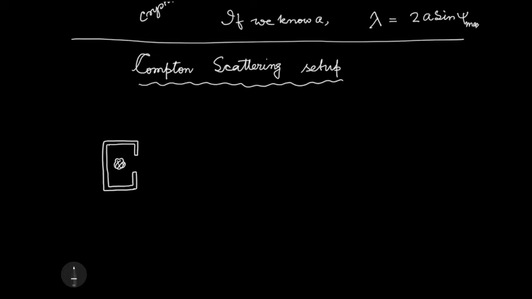Okay, so this is some X-ray source which is emitting at that wavelength, and it is kept in a lead shield, and there is a small opening. This is just because you want the X-ray to come out from one direction only. So this is the X-ray.